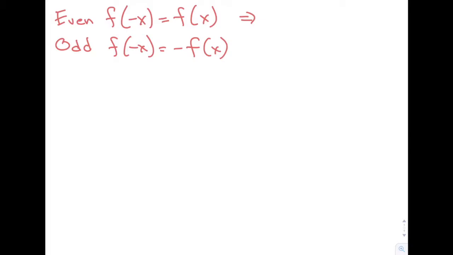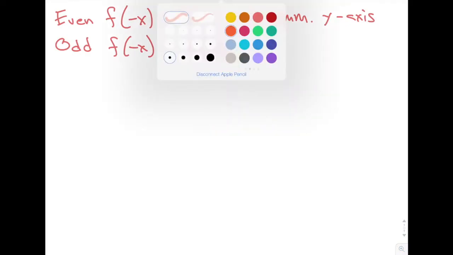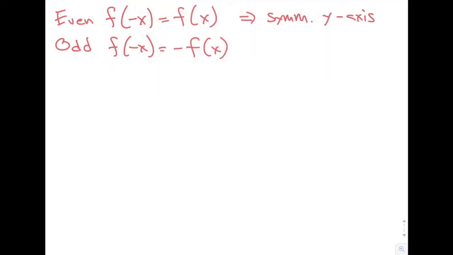Even functions happen to be symmetrical about the y-axis. And you can see this by looking at the definition of an even function. For some negative x value and some positive x value, the function takes on the same y value. A classic example is f of x equals x squared.